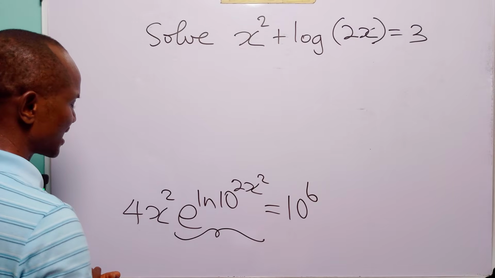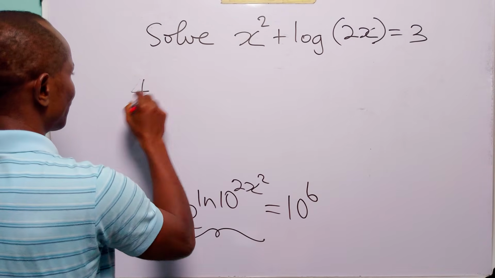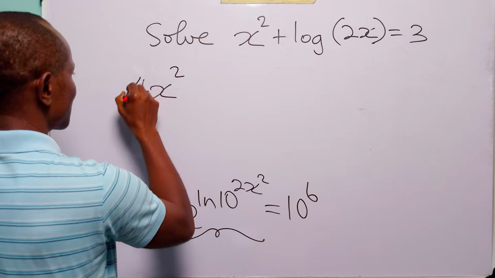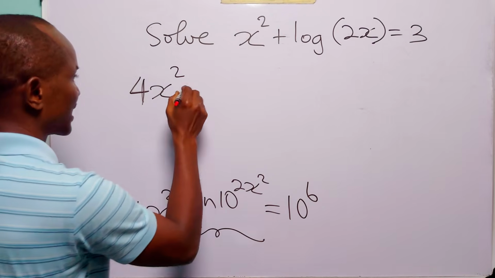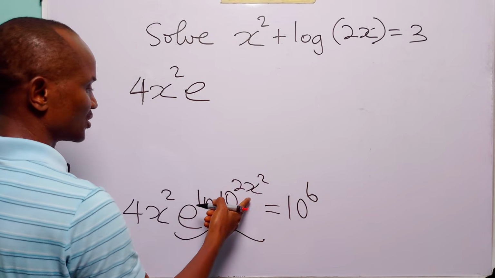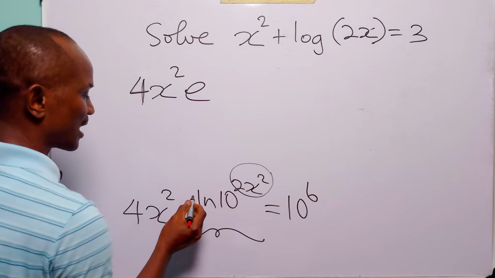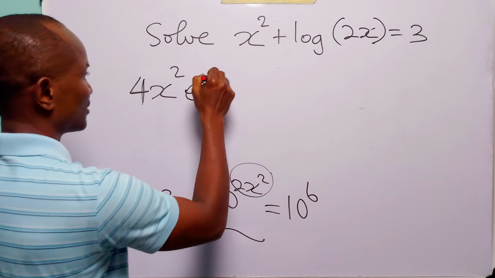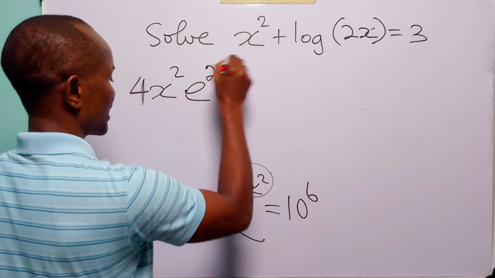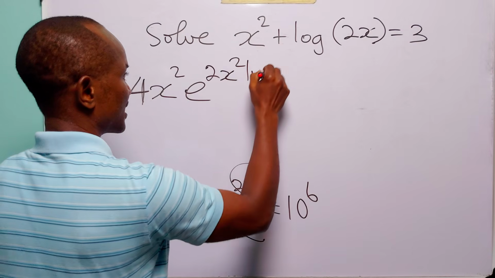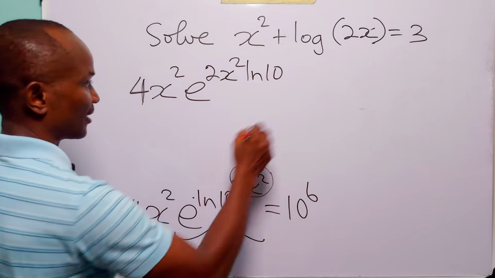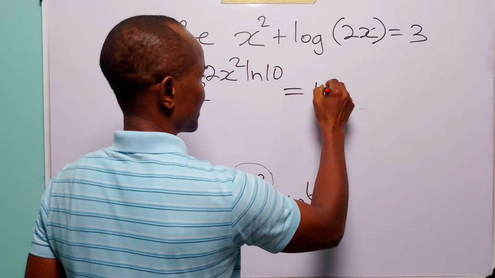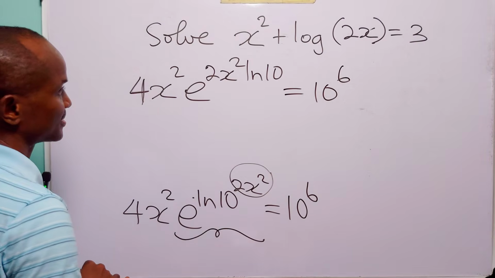When we do that, this left-hand side becomes 4x squared times e to the power. This will now come down to the front, and we have 2x squared times ln 10. And of course, this is going to be equal to 10 to the power 6.